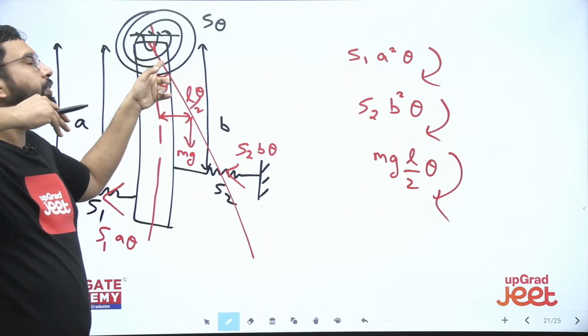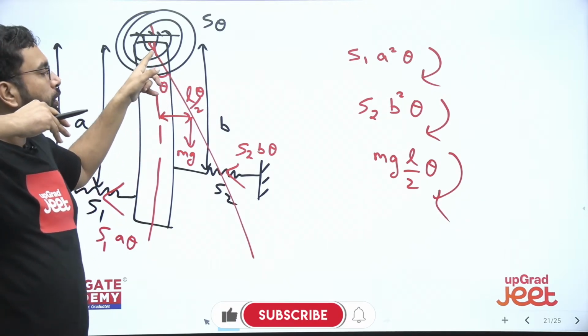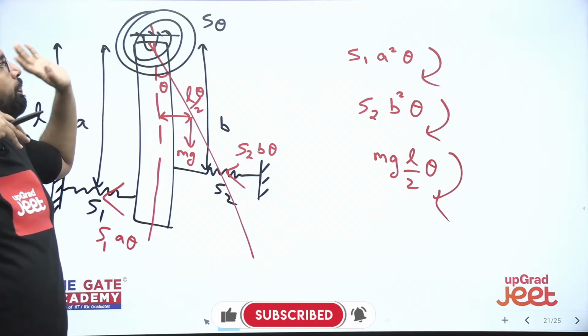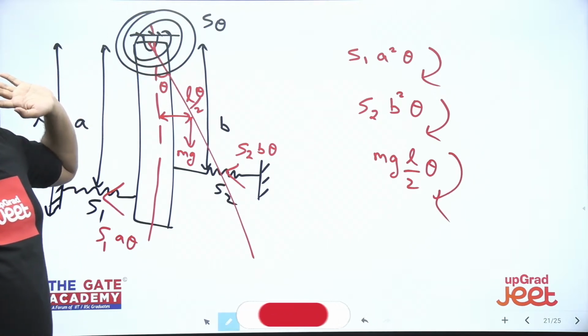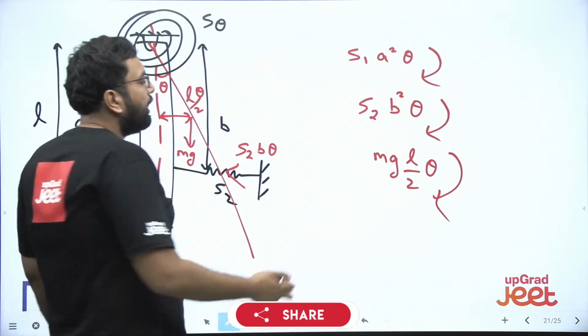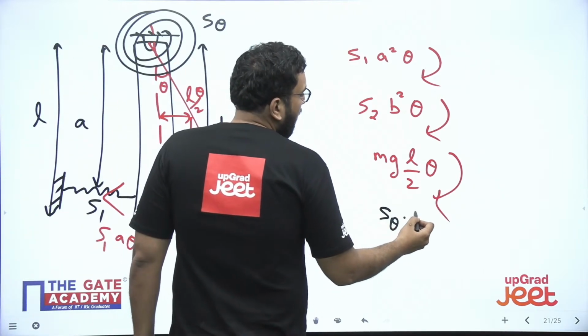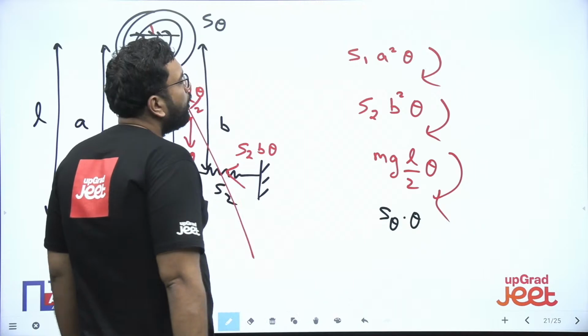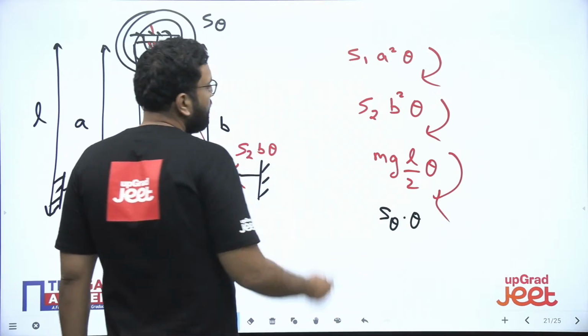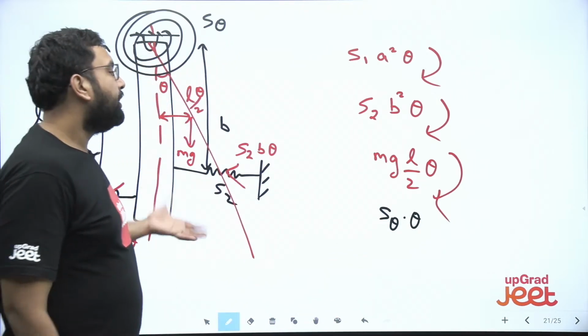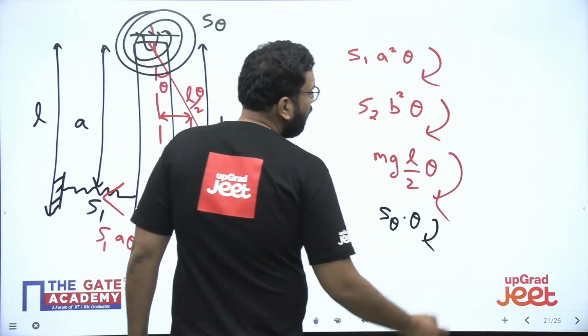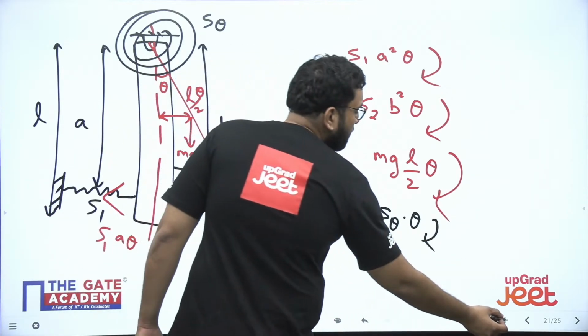That means it will give a torque which is clockwise in nature. From the torsional stiffness, we can find the moment by multiplying it with theta, and it is also clockwise. So all you have to do is add them up.